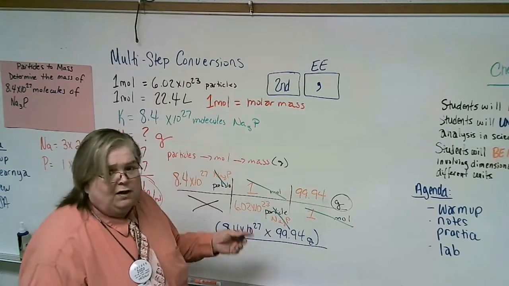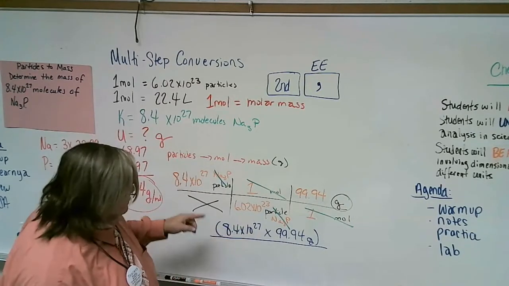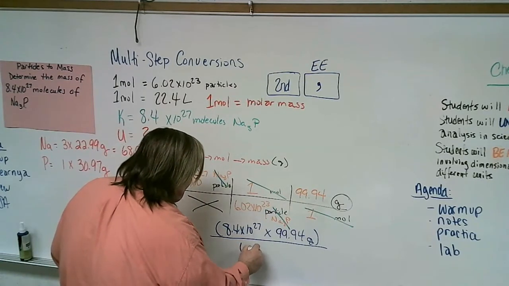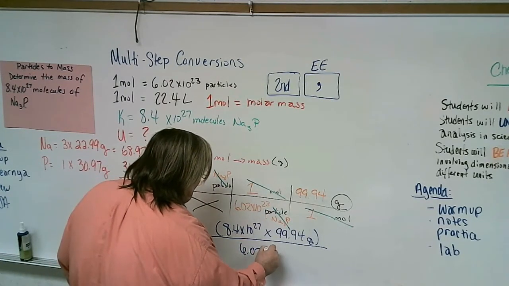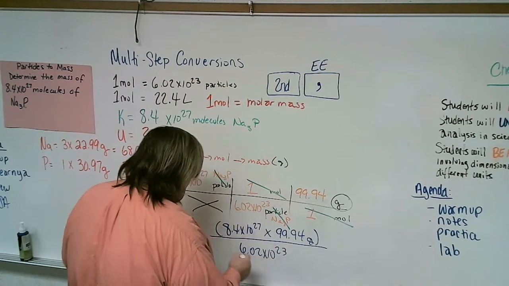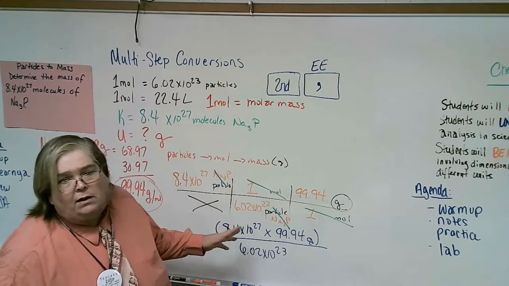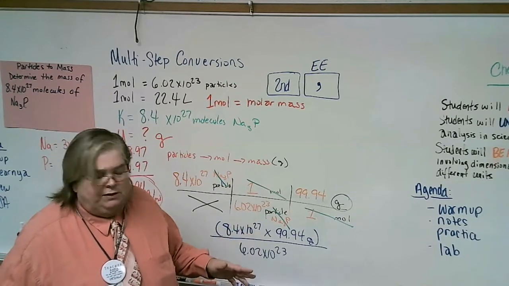Close parentheses, because if you open a parentheses, you have to close it. Then we're going to drop down 6.02 times 10 to the 23rd. We have all of our substitutions done.